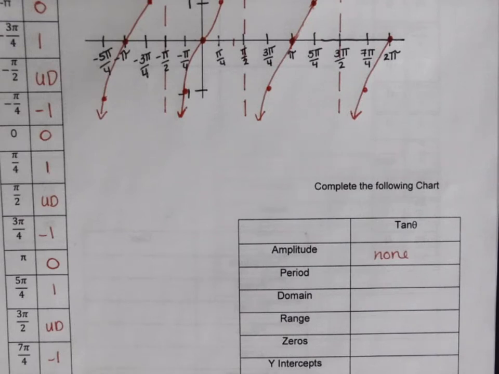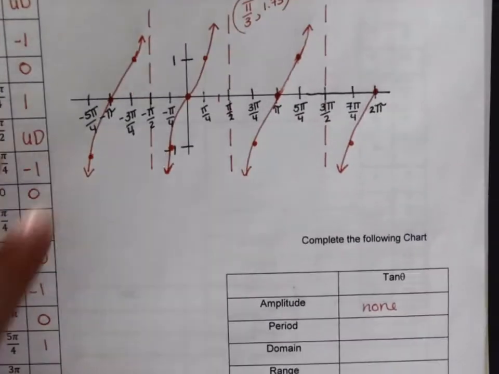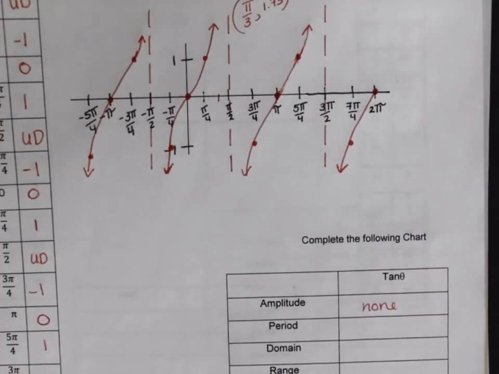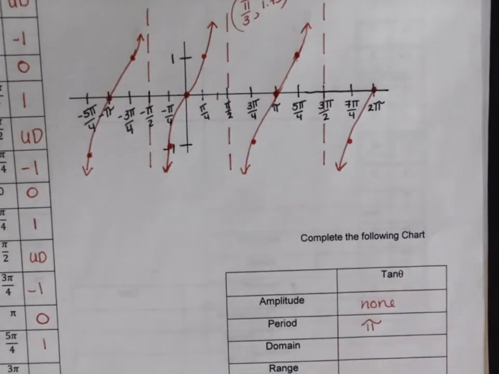Period of this function. Can we say it if it crosses over the asymptote? It cannot cross over the asymptotes. It's pi, because that is the boundaries.